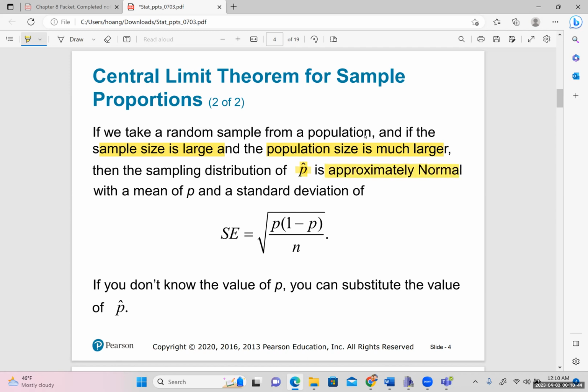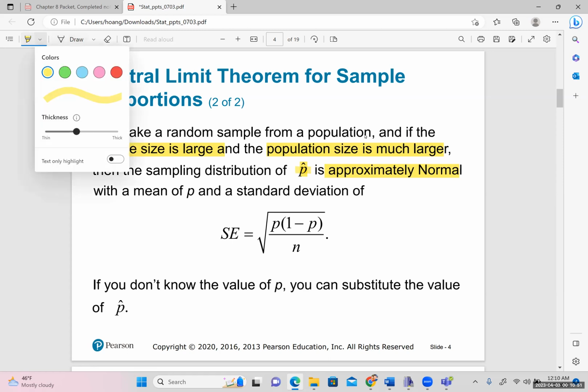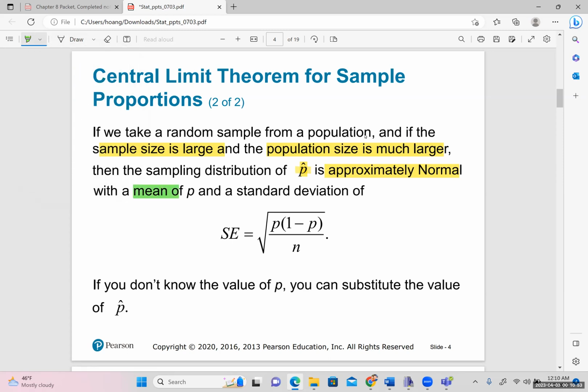And this normal distribution will have the mean of p, with a standard deviation given by the standard error, which I did introduce before: the square root of p times 1 minus p divided by n.